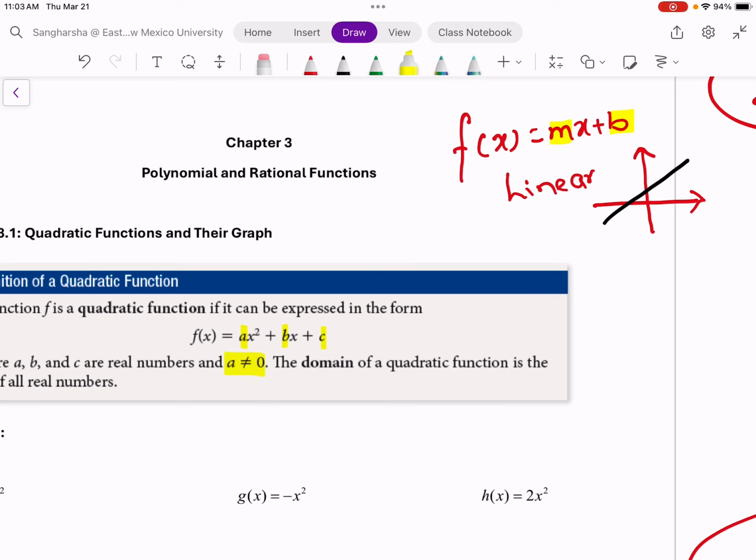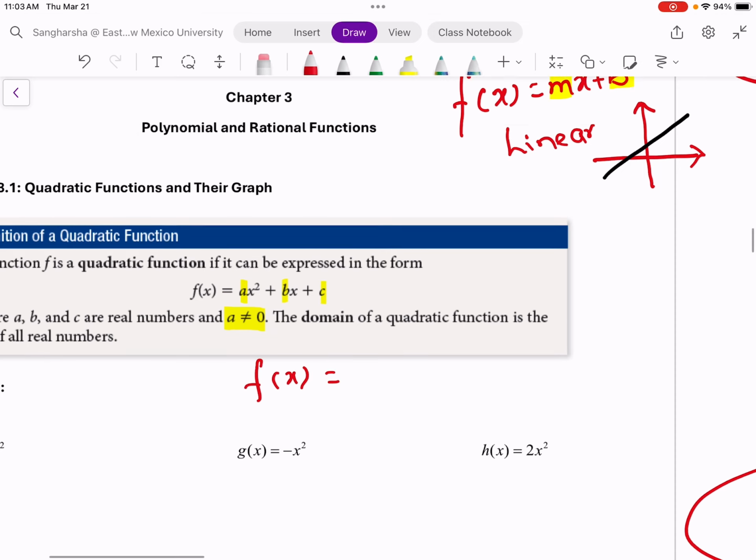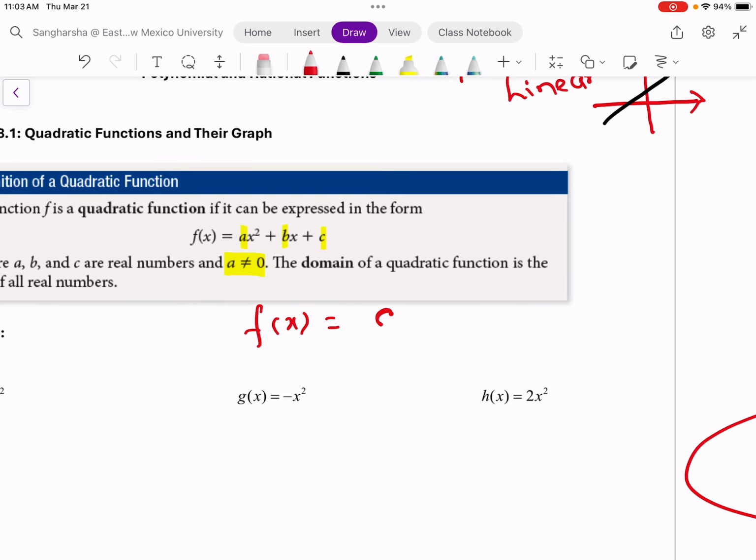Okay, so we have a function f of x, just let me be more specific, 2x squared negative 3x plus 4.